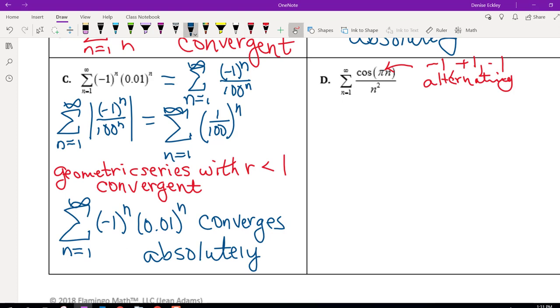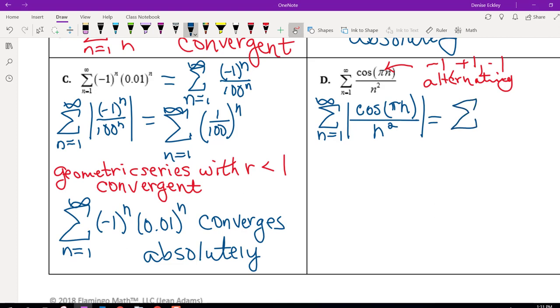So we're going to look at the absolute value of this series to see if it converges absolutely first. If it doesn't, then we'll have to use our alternating series test to see if it converges conditionally. But hopefully you notice already that we really have the same thing that we had in part B. We end up with 1 over n squared, a convergent p-series.